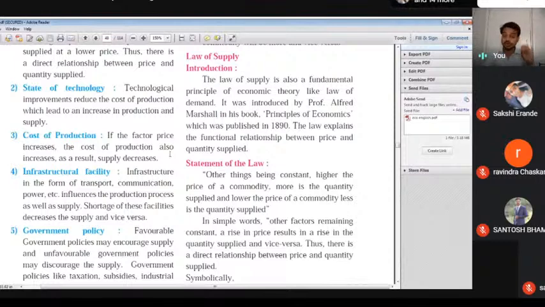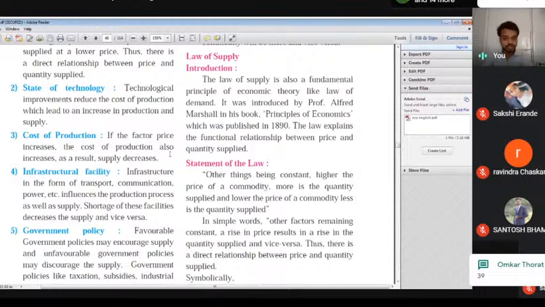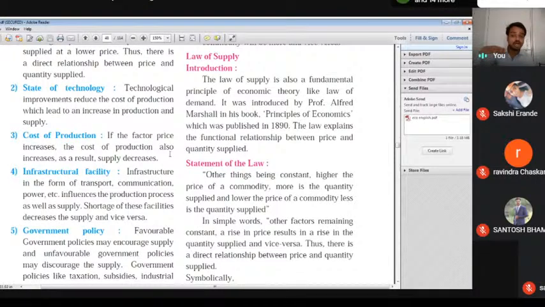If we are using more and more workers, we increase our cost of production, and then supply is decreased. But if production cost is decreased, then supply also increases. So there is a connection between supply and cost of production. When we think about the cost of production, we think about factors. If factor price increases, the cost of production also increases. As a result, supply decreases.